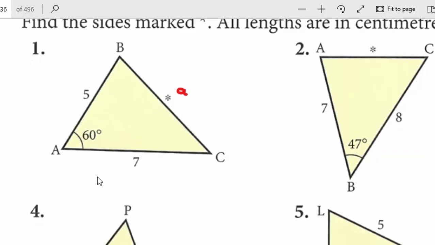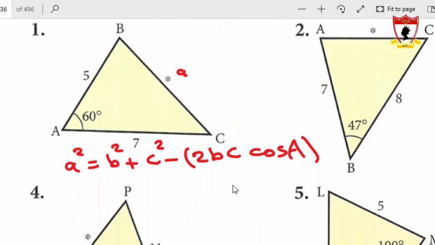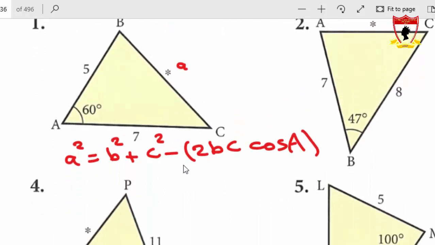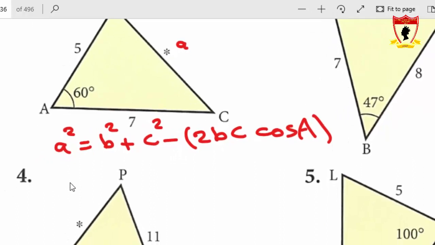Then which one will help us? a squared. I have a here. So I know I must have b squared plus c squared here. And minus 2bc cosine of a. Okay, now let's substitute what we have and use calculator to calculate the missing side.